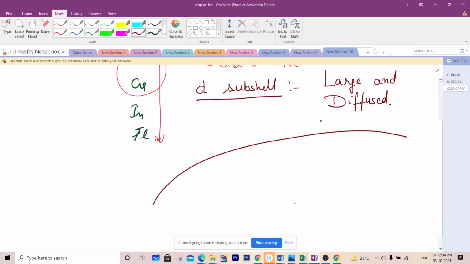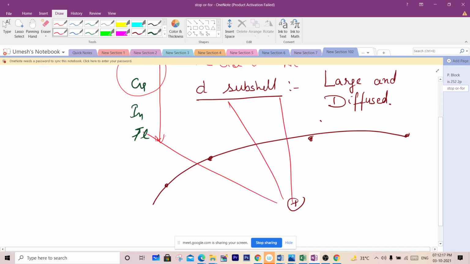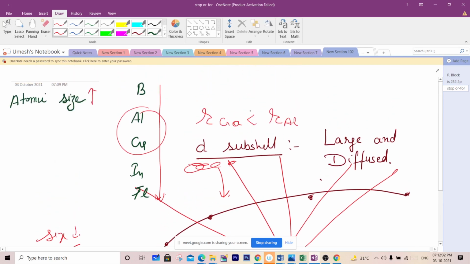It is large in circumference and diffused. Only 10 electrons are there in the D subshell, and they are quite scattered. So the nuclear charge can go out easily and pull the outer electrons inside. If the outer electrons are pulled inside, the size will decrease. That is why gallium is smaller than aluminum.